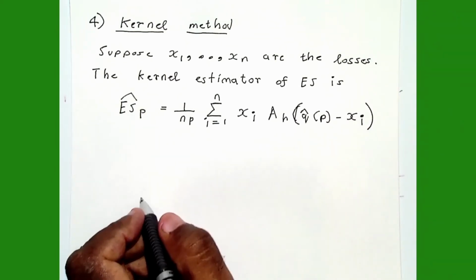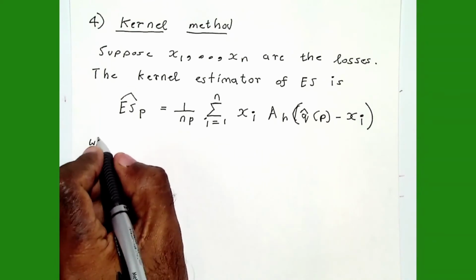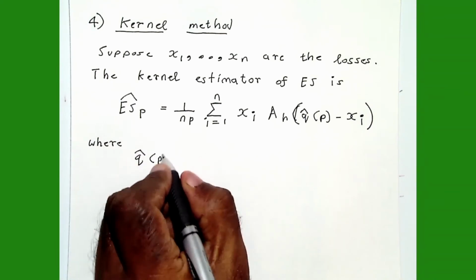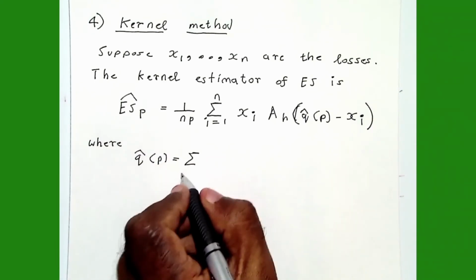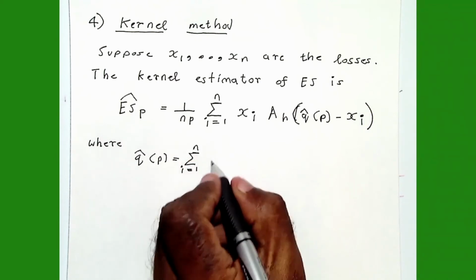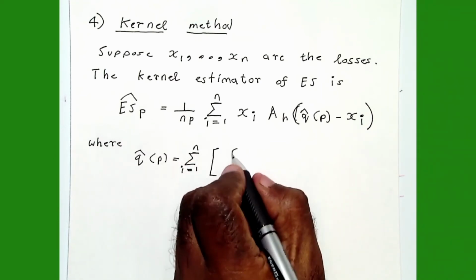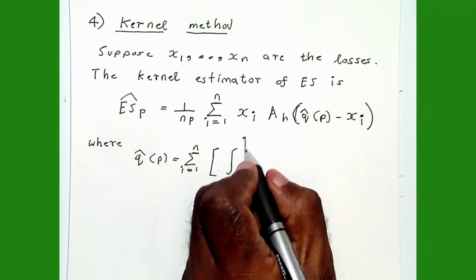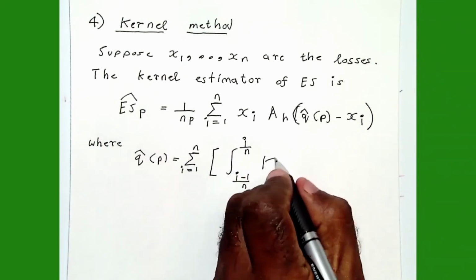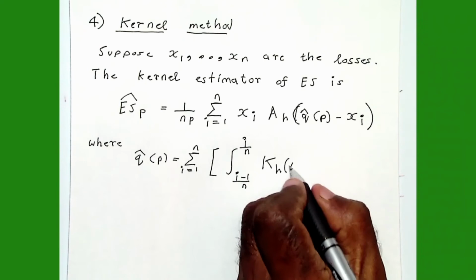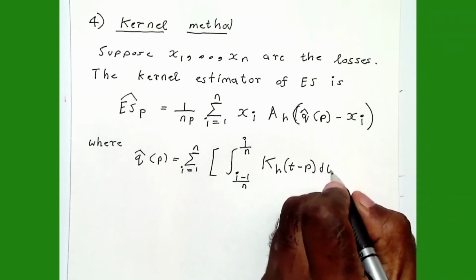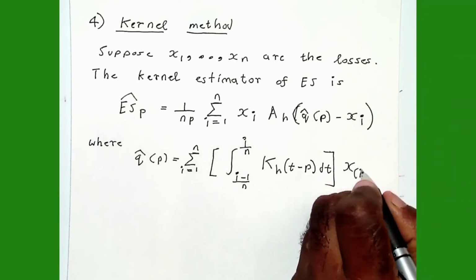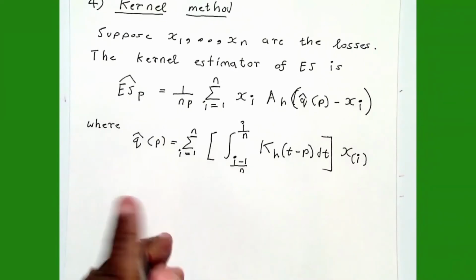Okay, where Q hat is the sum from 1 to n of the integral from i minus 1 divided by n to i divided by n of k_h. I will define this in a minute. Write this in brackets multiplied by the ith smallest data, right?